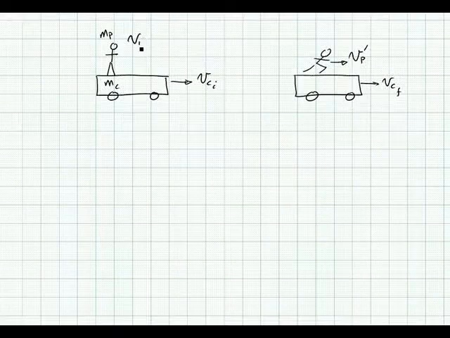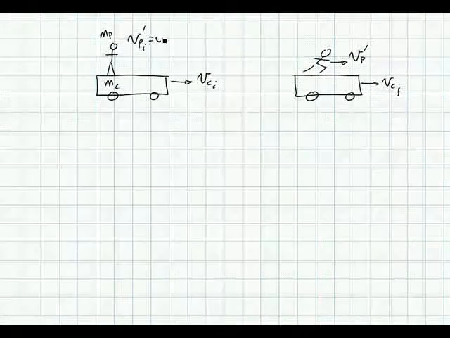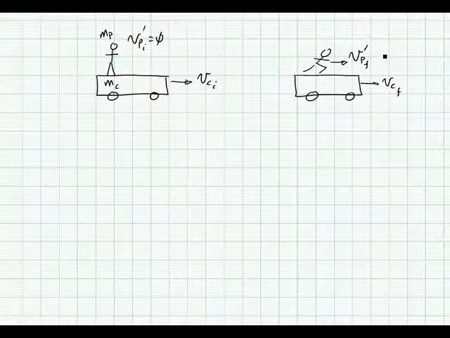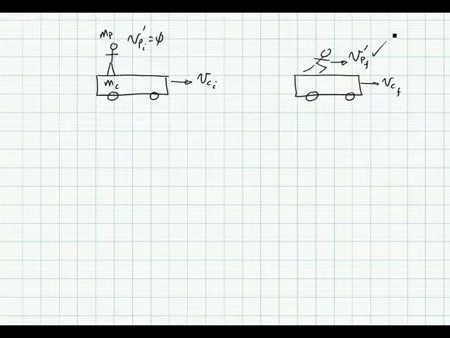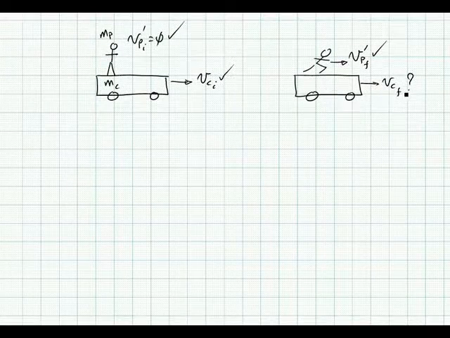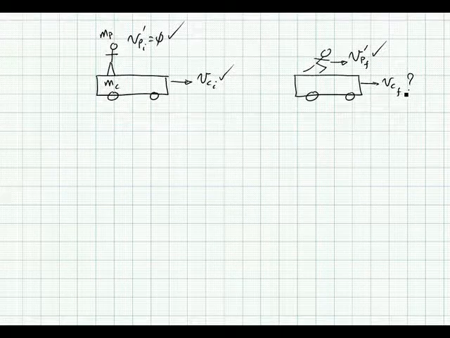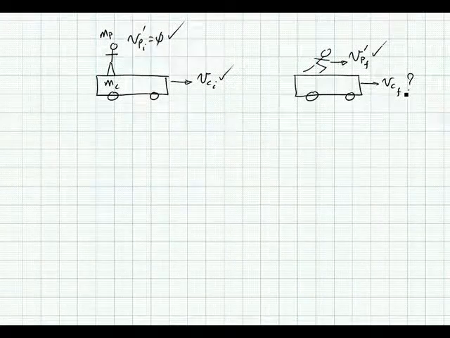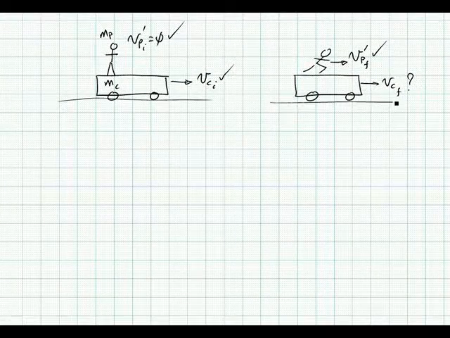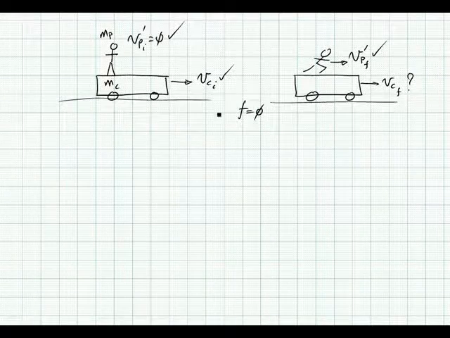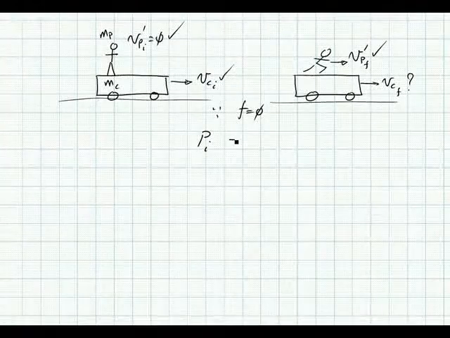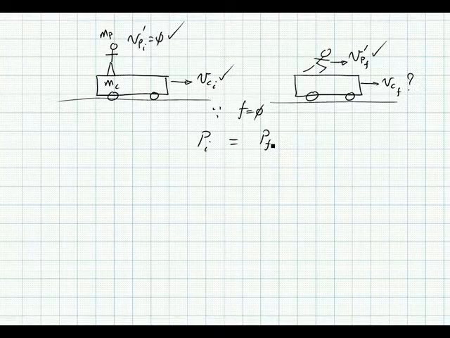So velocity of person with respect to cart initial is 0, velocity of person with respect to cart final we are given. So we are given this value, we are given this value, we of course know this, so this is what we are trying to figure out, velocity of the cart final. Now everything takes place on a frictionless surface, so since friction is 0, we know that momentum initial must equal momentum final.